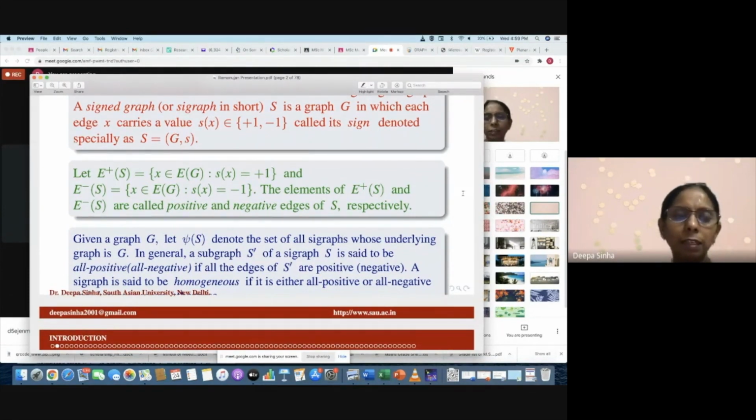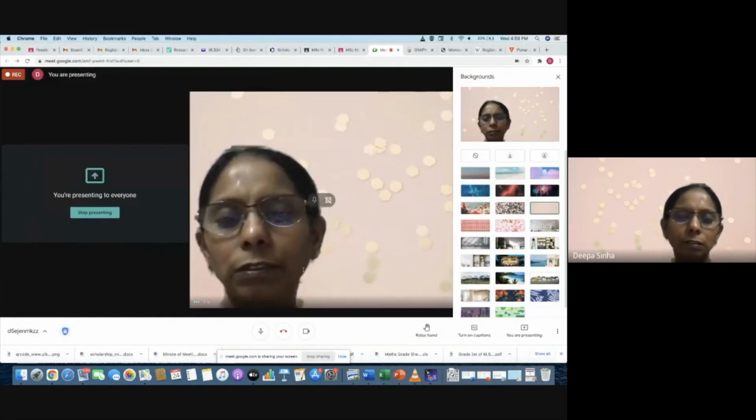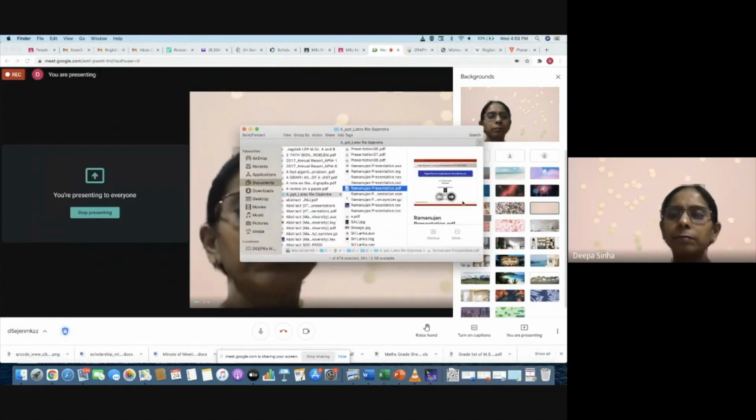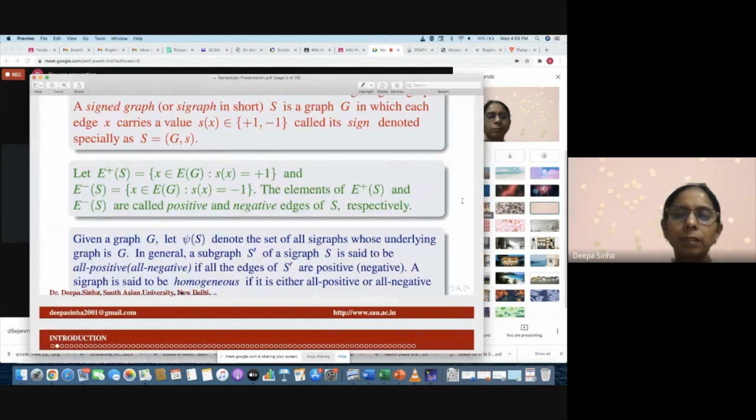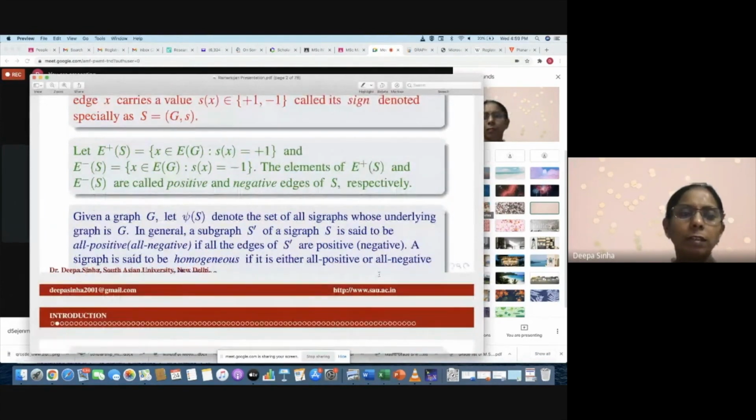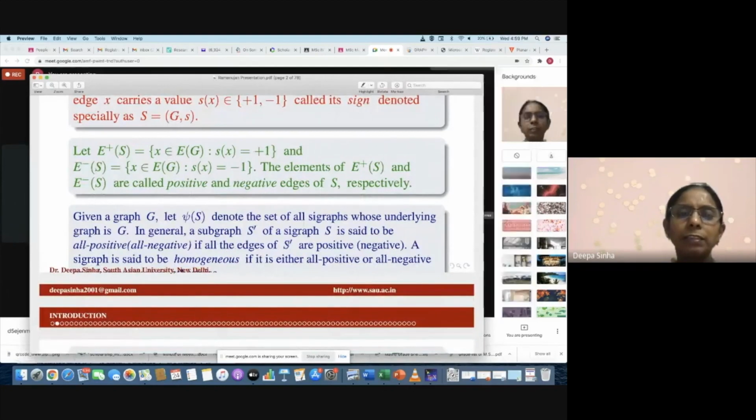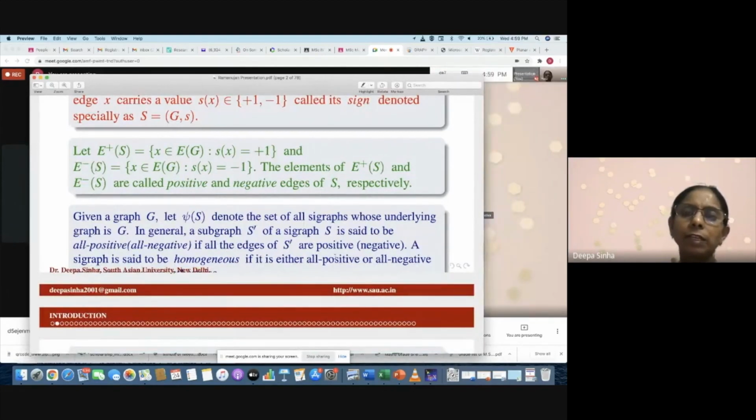In general, a subgraph S dash of a sign graph S is said to be all positive if all the edges of S dash are positive, that is, all the edges receive the plus 1 sign, and it is said to be all negative if all the edges receive the minus 1 sign.